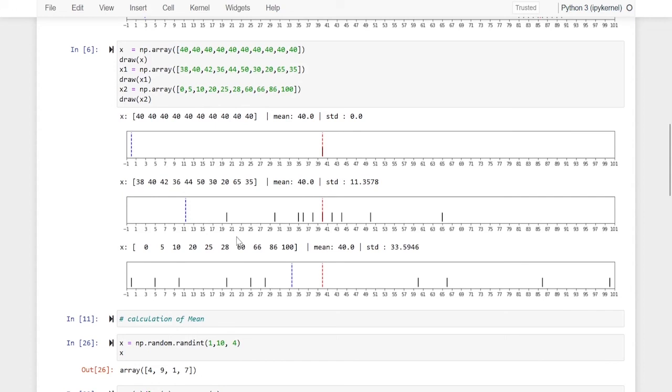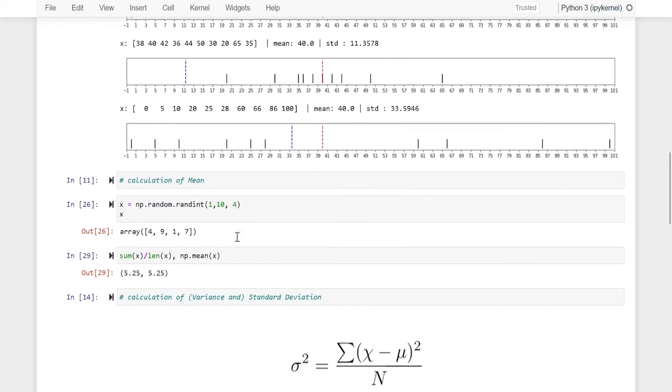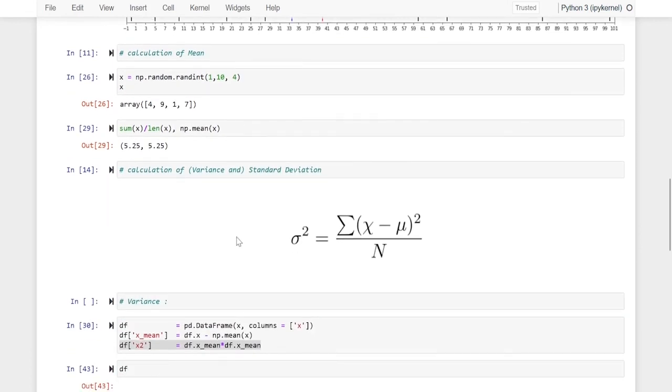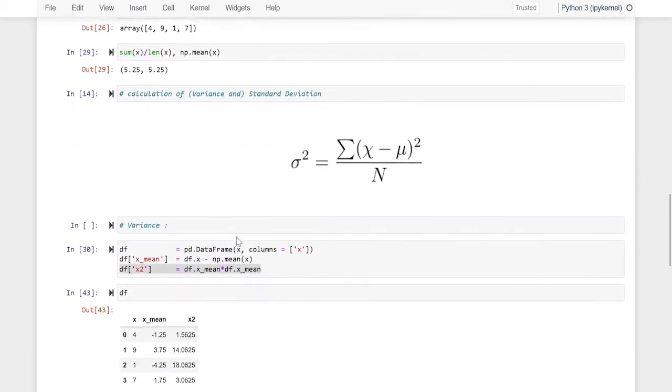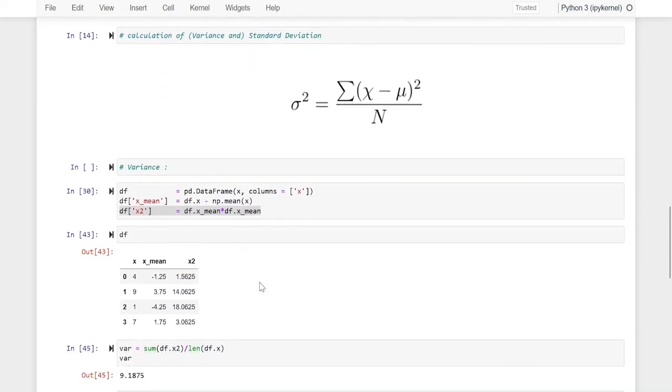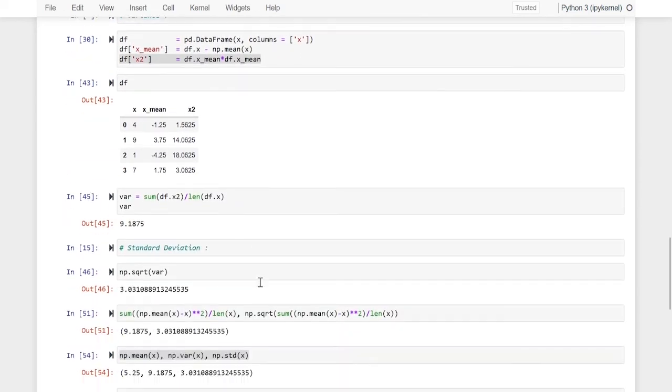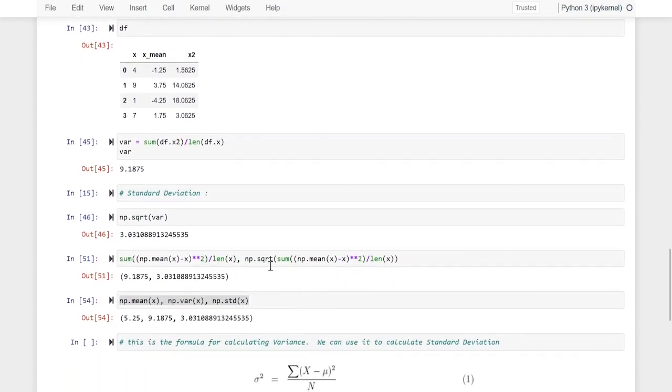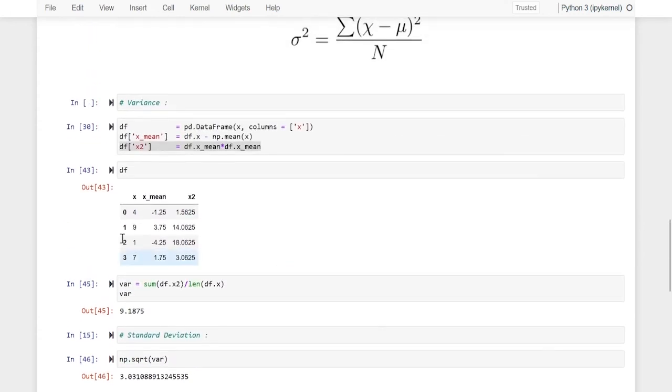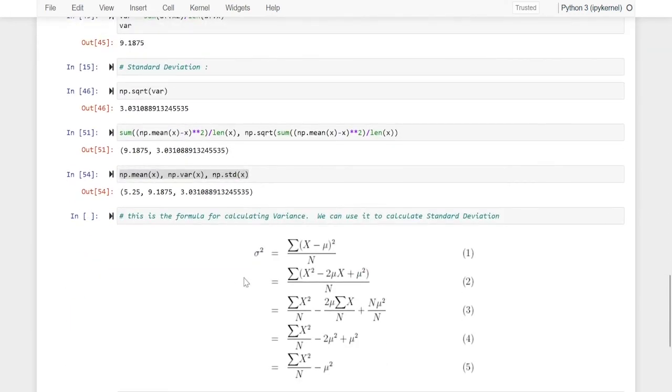Having appreciated the need and importance of standard deviation, we have also seen how we can calculate standard deviation. And we used three different ways of calculating. We used this, we created a data frame, then we used numpy stuff, this line, we used this formula.